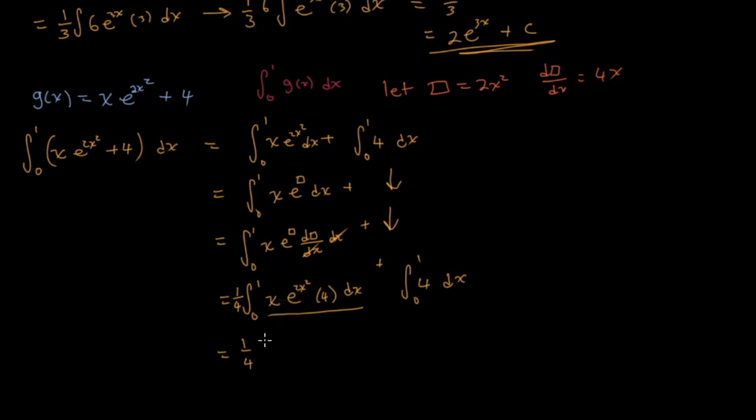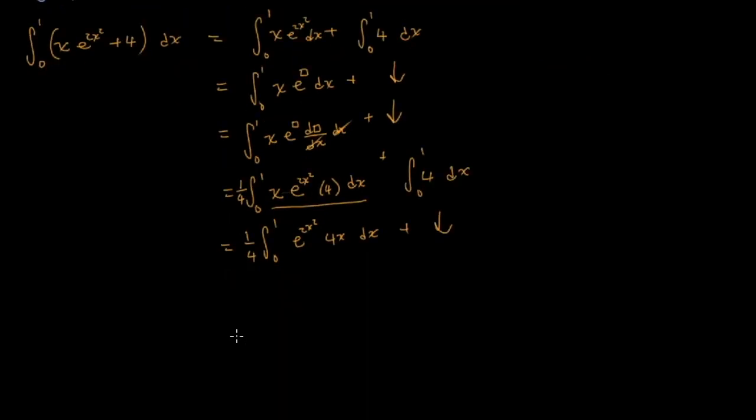Right, let me just actually write it this way. 1 over 4 e to the 2x squared times 4x dx. Okay, so now we have a 4x, which is good, plus, bring that down here. And then now we can actually perform the integration.